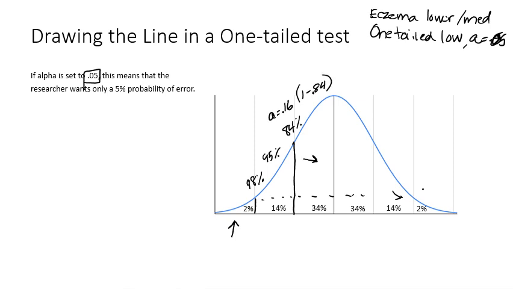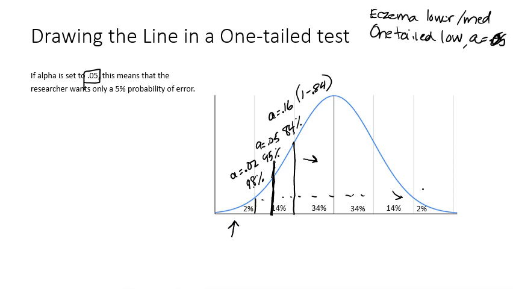In this case, that 98% would be the same as saying alpha equals 0.02. 2% of the scores will fall to the extreme of this score. What we're looking for is 95%, which is going to be somewhere around here, which is alpha equals 0.05. So we're looking for a score somewhere in here, between the 84 and the 98.